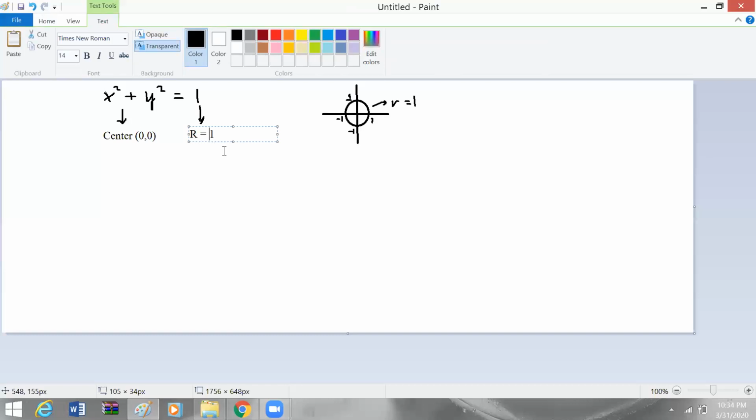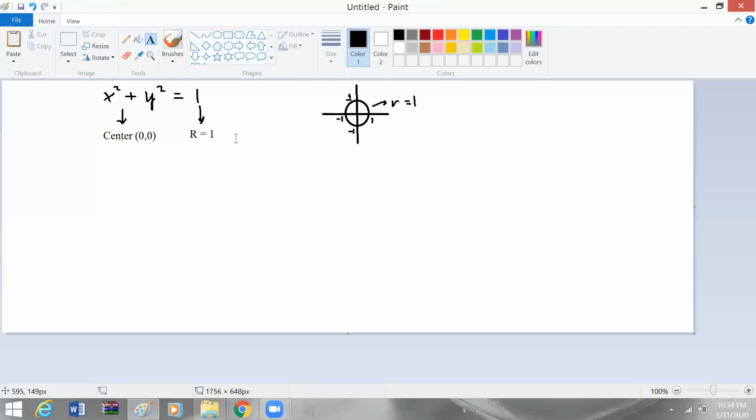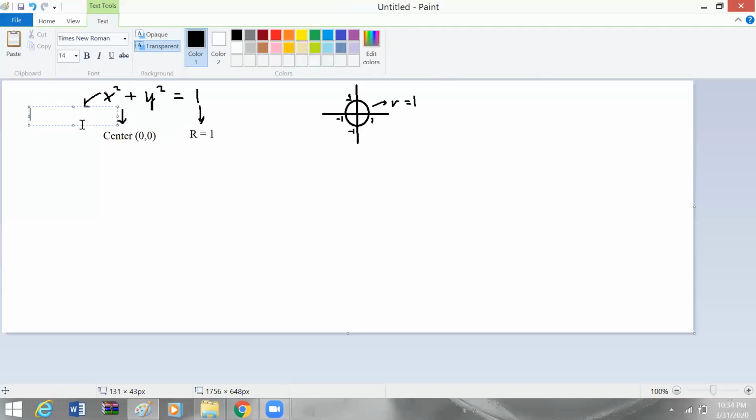So it's pretty important that we realize this is what we call a unit circle.